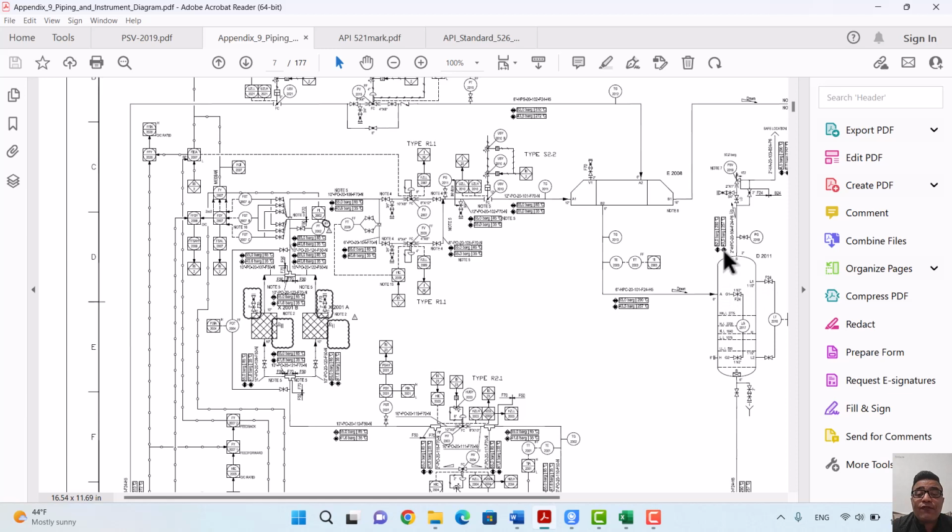Therefore, a fire scenario is defined for this drum. Since this separator contains liquid, which is steam condensate, a wetted surface area is considered for this application.